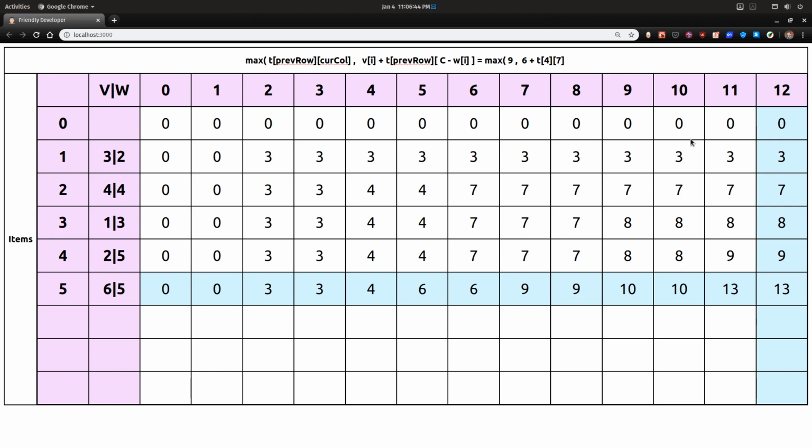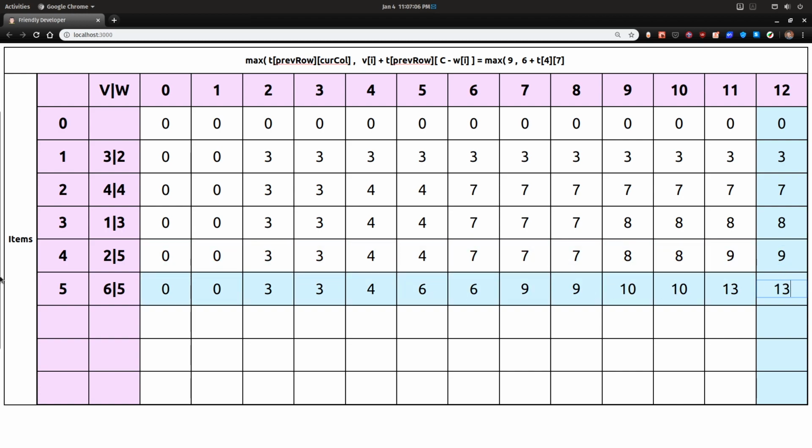We'll start by looking at the last cell, that is the last row and last column cell, and see if the value of this cell is the same as the value of the previous row. If it is the same, that just means we have excluded this item.